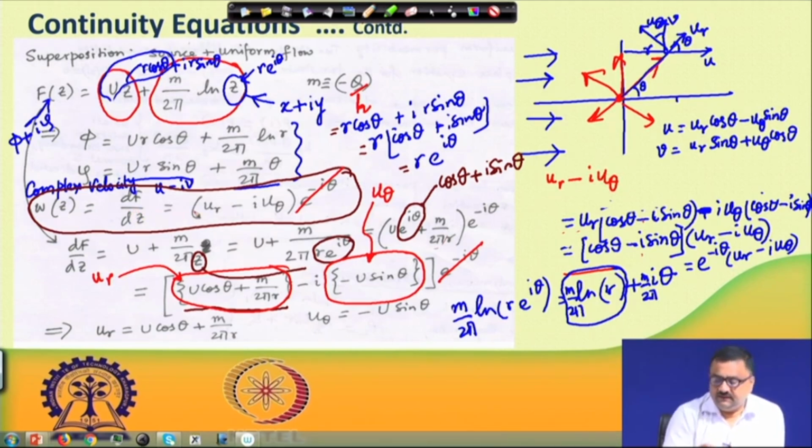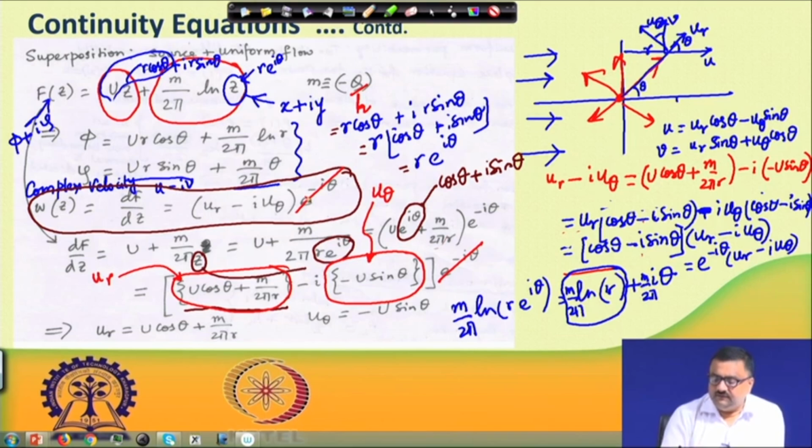So, u r minus I u theta is equal to, on one hand, u cos theta plus m by 2 pi r, and minus I of minus u sin theta. So, this is what we have in this case. Okay, e to the power minus I theta and e to the power minus I theta we have already cancelled.